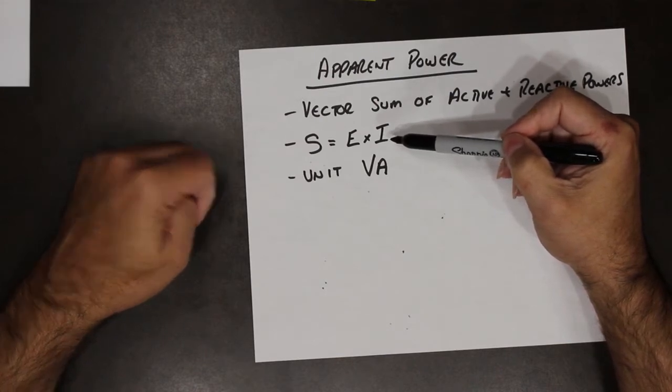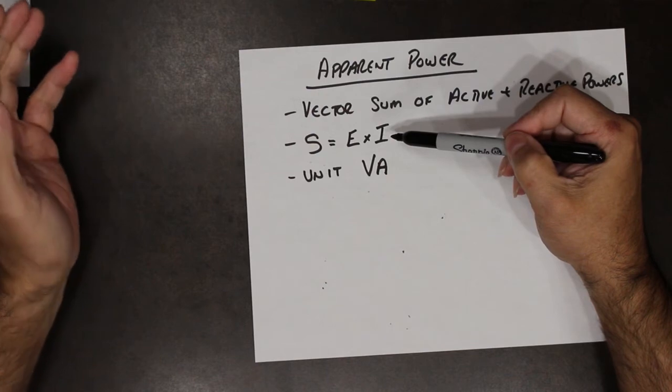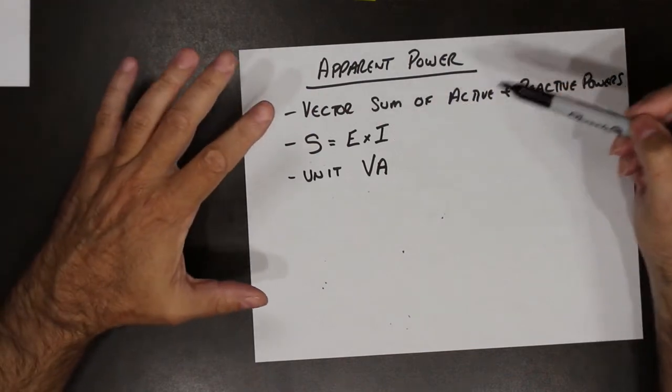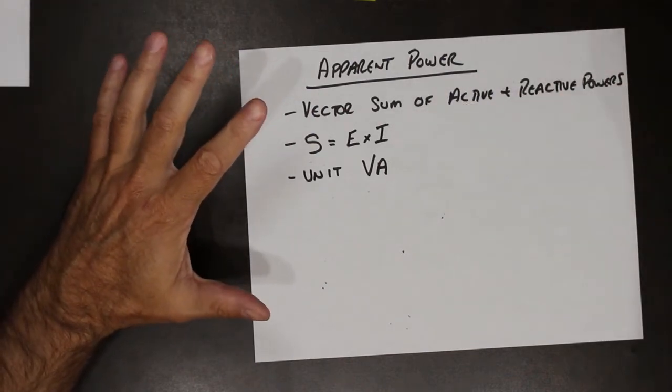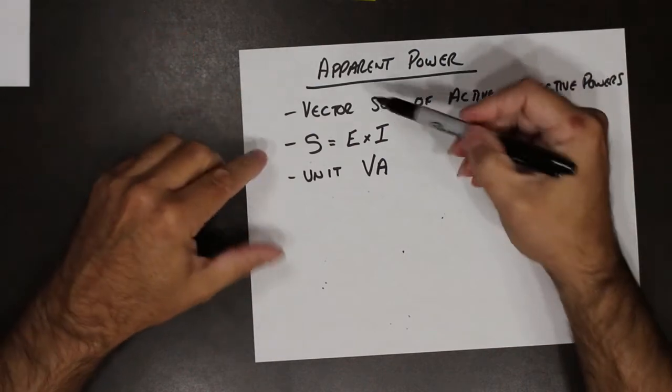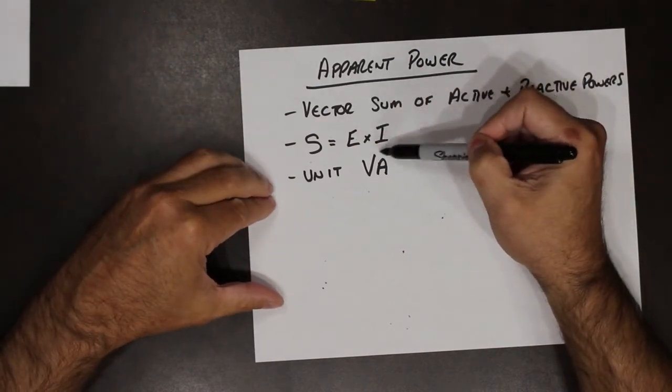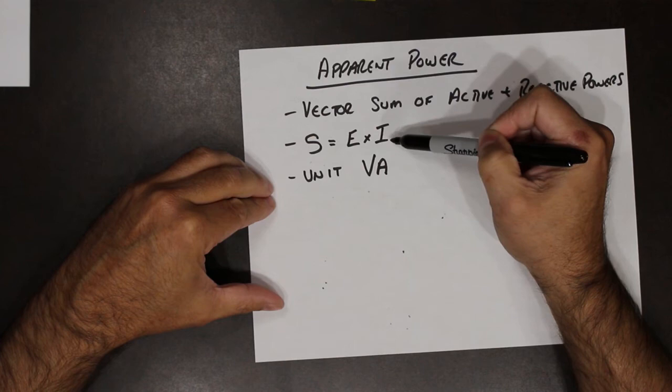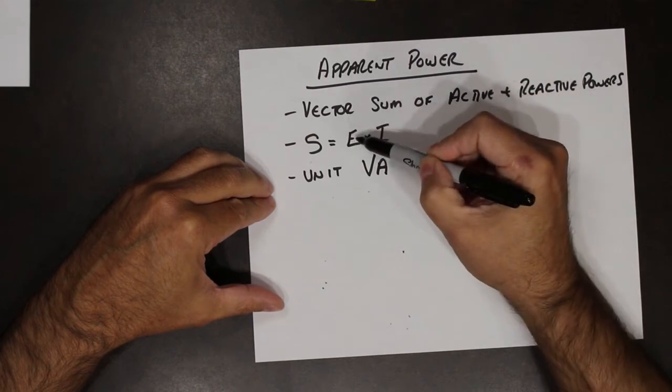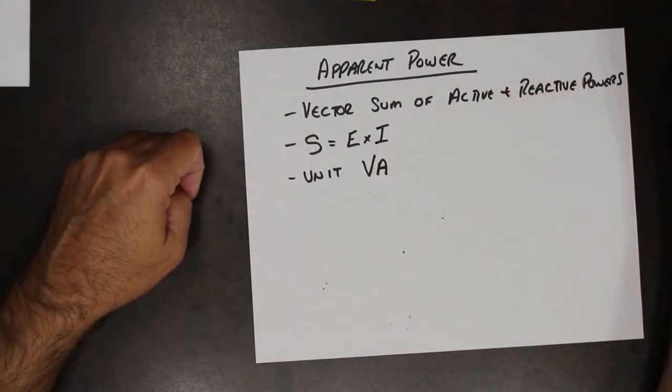So that means the current that is flowing in the resistive part as well as the current flowing in the reactive part. So the total current flowing times the voltage, and that's what we get for apparent power.